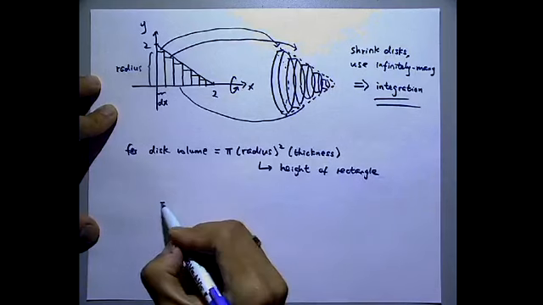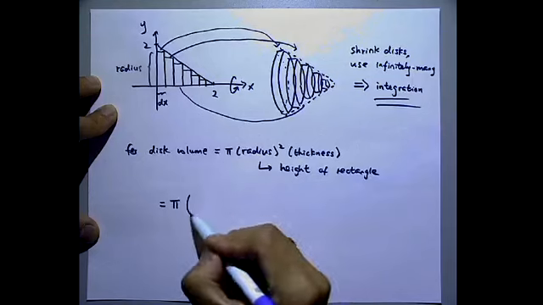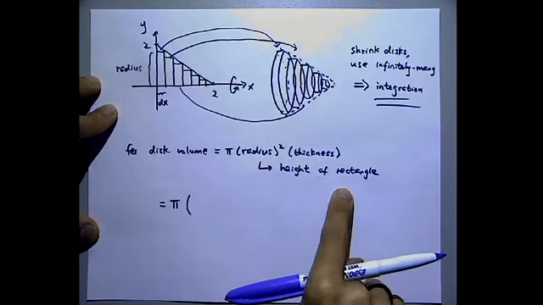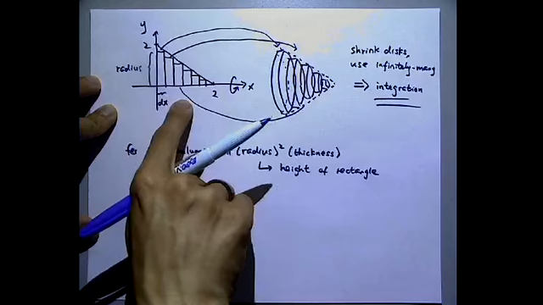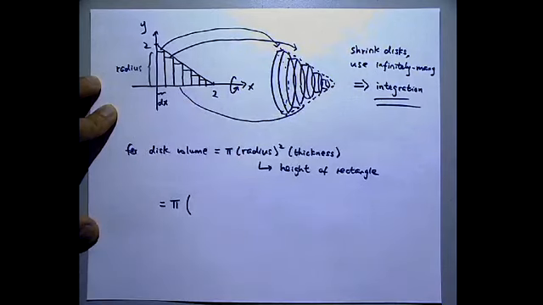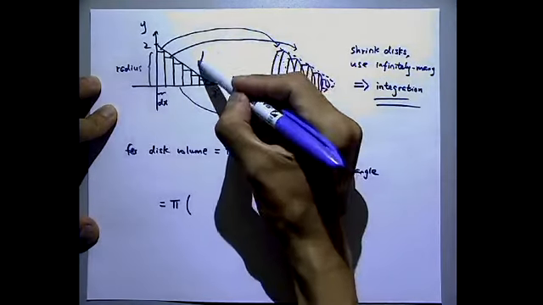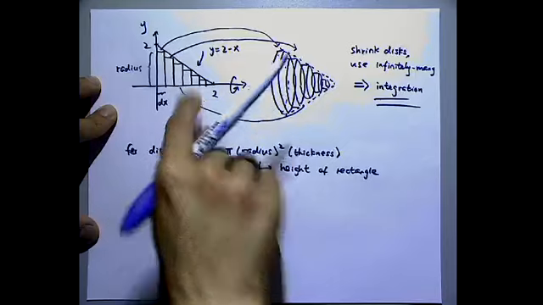Okay, so let's see what's going on here. We have our pi times the radius, which is equivalent to the height of the disk. And what's the height of any disk inside the rectangle, inside the triangle? Top minus bottom, right? Top curve is 2 minus x. The bottom curve is 0.